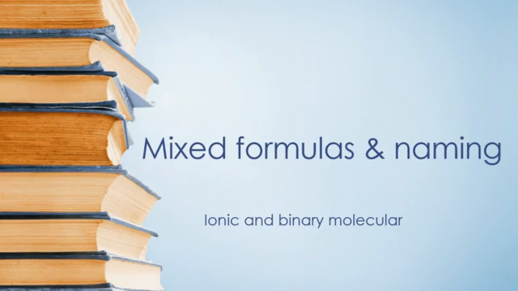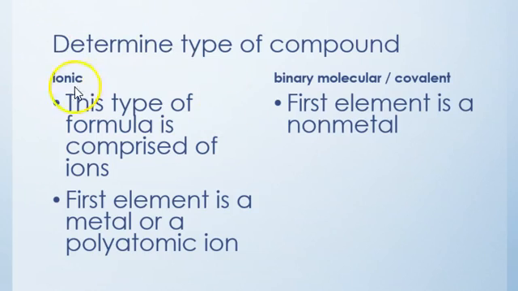So the first thing that I want you to know is that there are two different sets: ionic or binary molecular. An ionic is the type of formula that's composed of ions, and you can tell if you have this kind of formula if the first element in your formula is a metal.